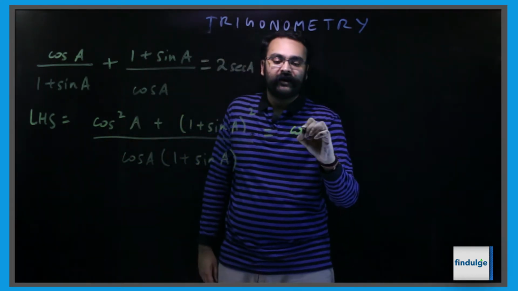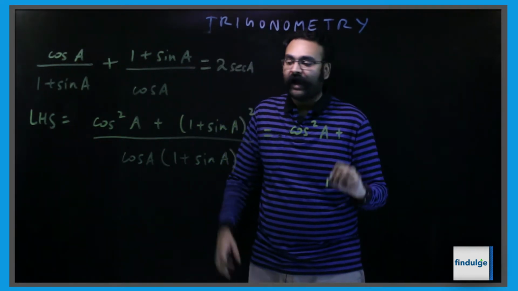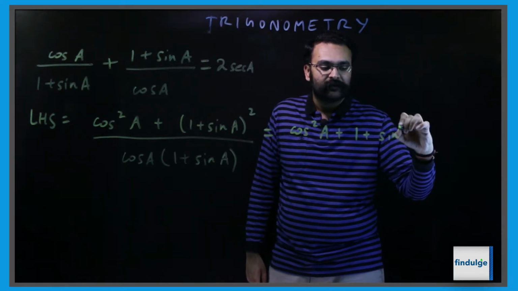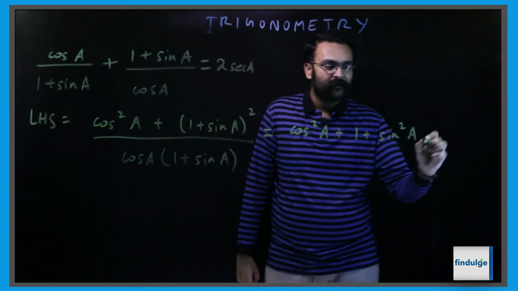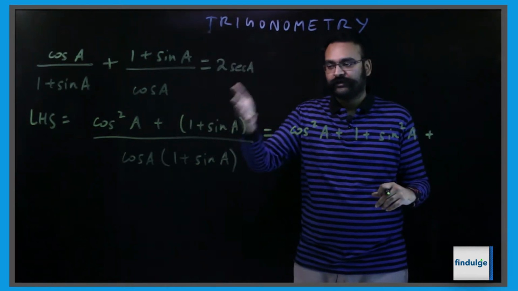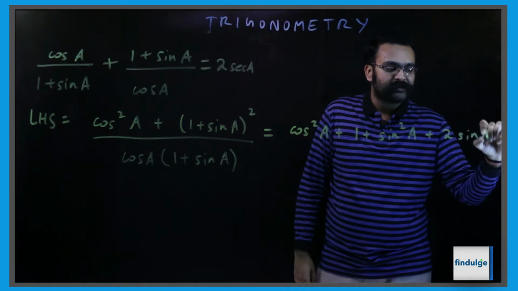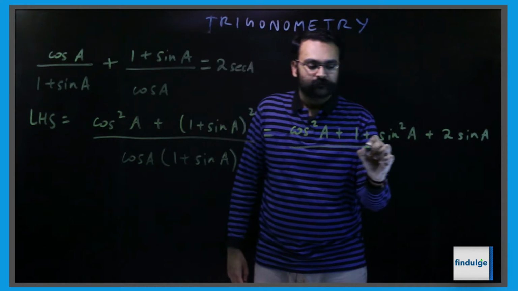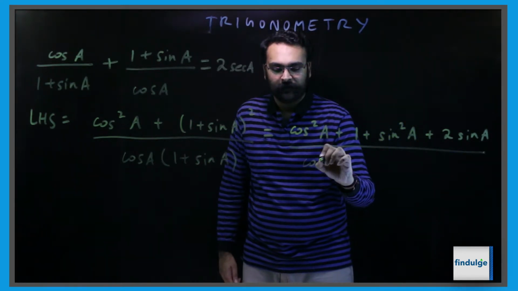So upon expanding, of course, cos square A stays the same. I'll get 1 square plus sin A whole square, which is just sin square A, plus 2 into 1 into sin A, just like A plus B whole square, plus, now 2 into 1 into sin A will be nothing but 2 sin A. And of course, our denominator remains unchanged.